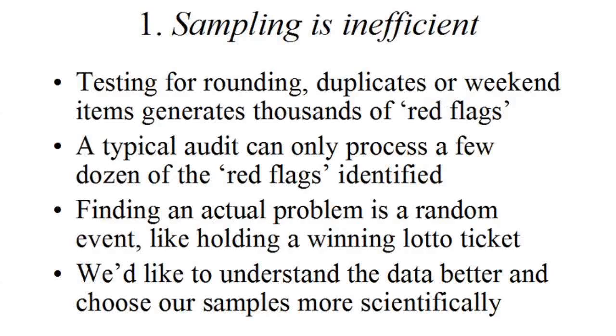Either method is a random way of deciding how to proceed. And if you find an actual problem by that method, it's a little bit like holding a lotto ticket. You had thousands of items, and you managed to find one where there was an actual fraud. And they aren't all frauds. Fraud is still relatively rare. So you're doing very well to do that by this method.